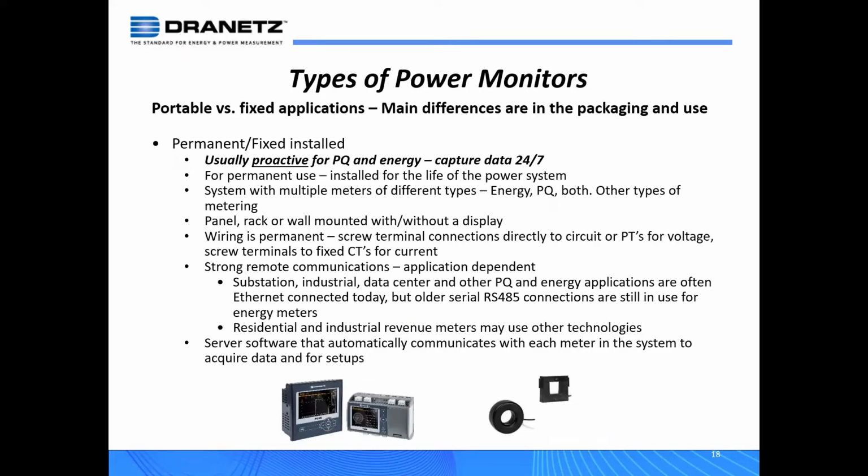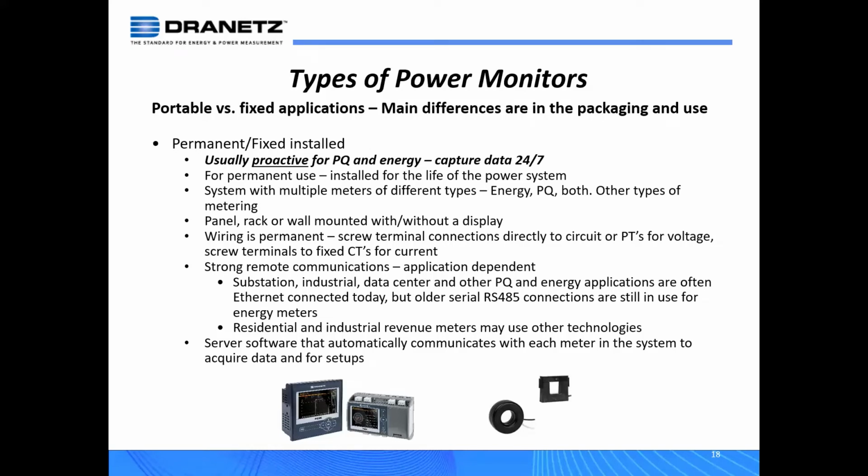Now, when we talk about permanent, it's a different application altogether, and it's usually proactive. The mindset is usually you evaluate what your processes are, how you would be impacted by PQ events, what would be the significance if you're impacted by a PQ event, what would the cost be if you're impacted in a negative way, and then you take steps as far as what do we need to do to help us avoid that.